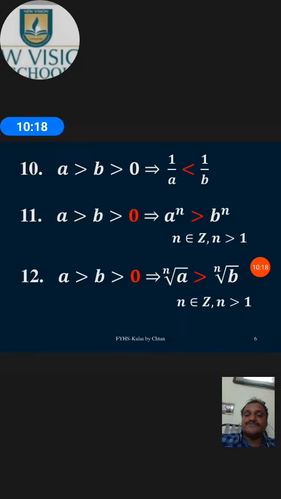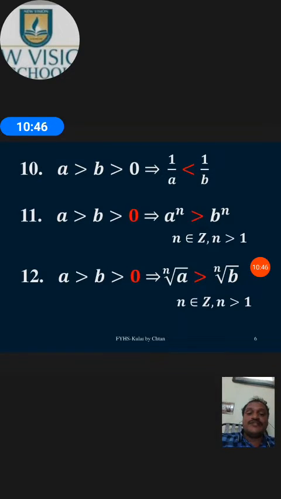12th property: A is greater than B greater than 0. That means both are positive. In this case, if you apply nth root, nth root of A is greater than nth root of B. You know, in surds, nth root of A is nothing but A power 1 by n, which is greater than B power 1 by n, where n is an integer and n greater than 1.